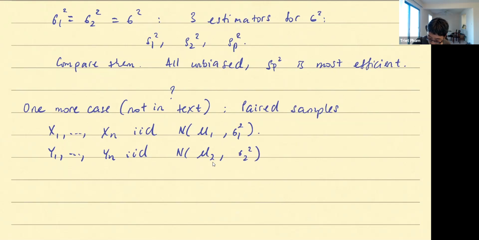So, but here, let me tell you that xi and yi. Notice here that with paired samples, you always have that the sample sizes are the same, they're paired. So in other words, xi and yi are related in some way.